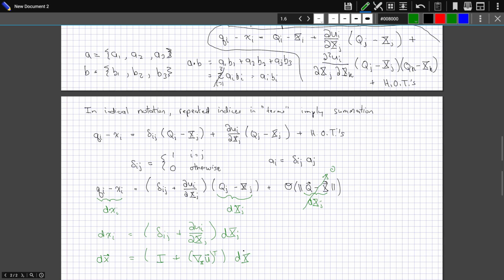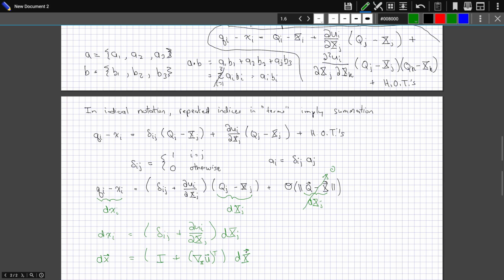Right? So remember what I said, our goal in kinematics is to track line segments from the reference configuration to the current configuration, right? This is an infinitesimally small vector in the reference configuration. This is an infinitesimally small vector in the current configuration.